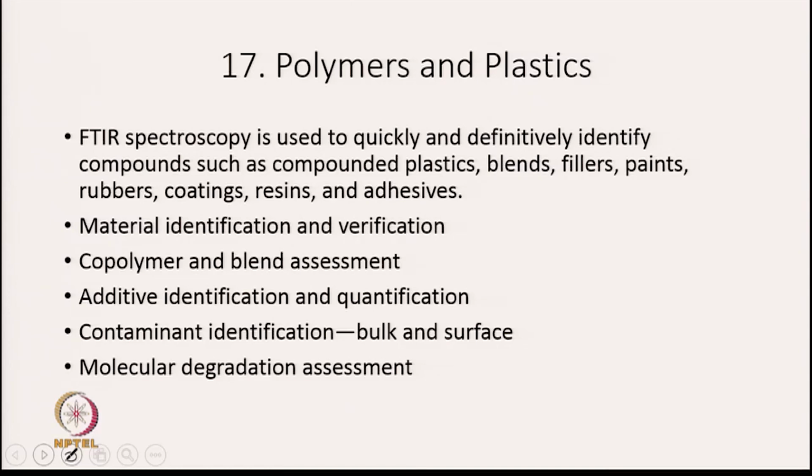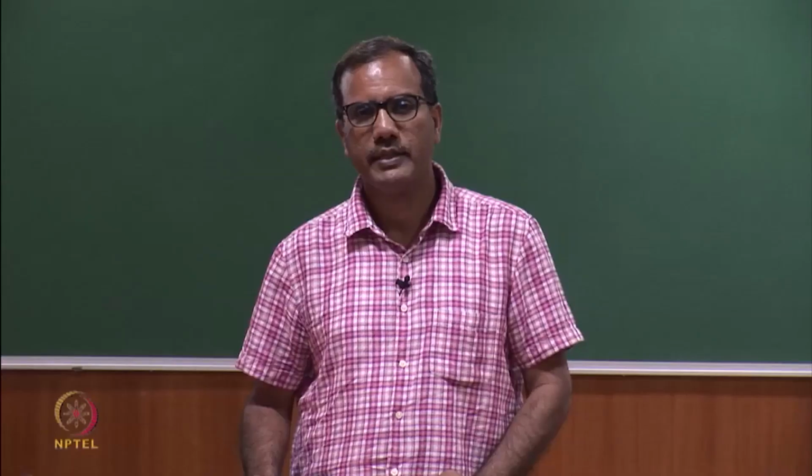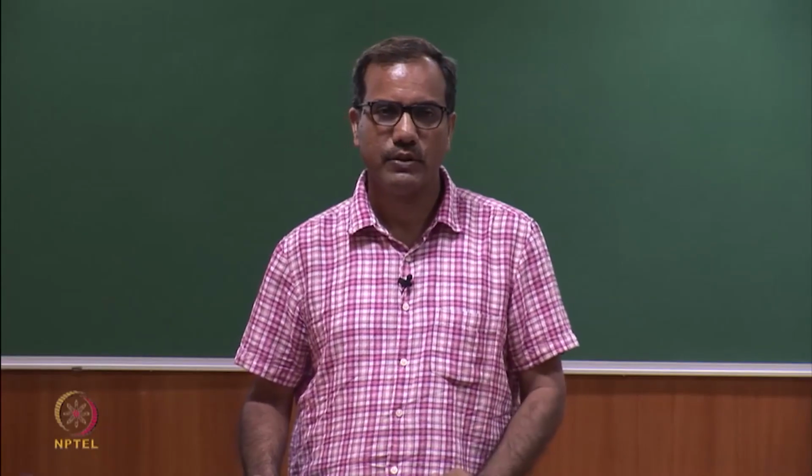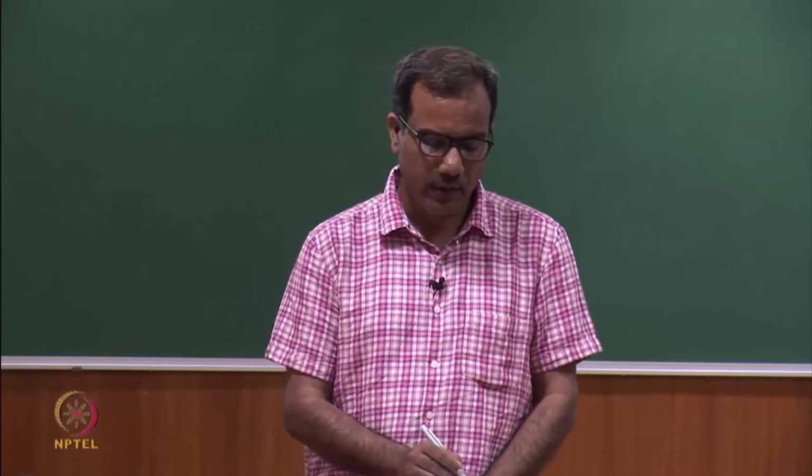A contaminant can be of different types. It can be a bulk contaminant or a surface contaminant. All polymers are prone to degradation to different extents, and FTIR can be used to look at molecular degradation.